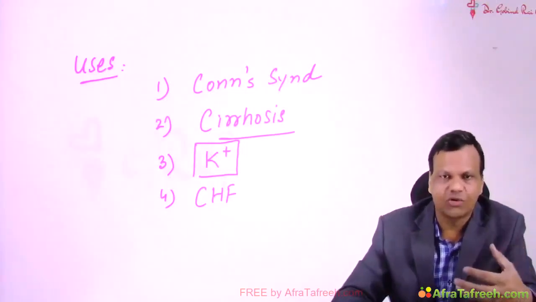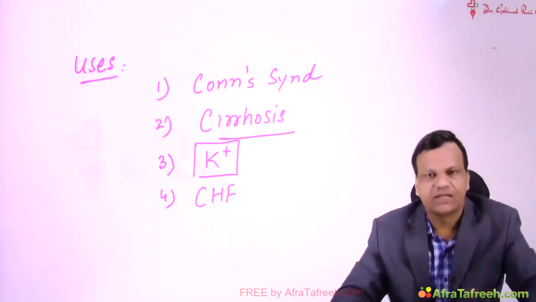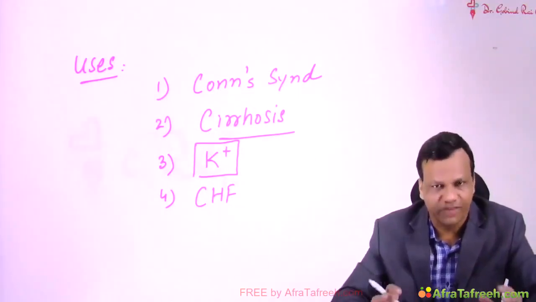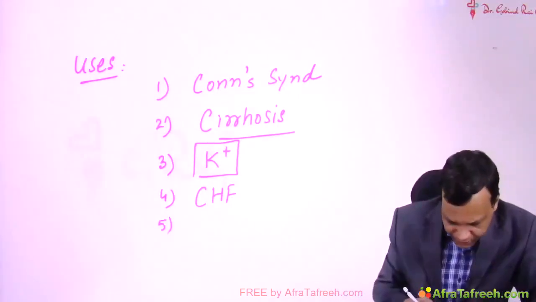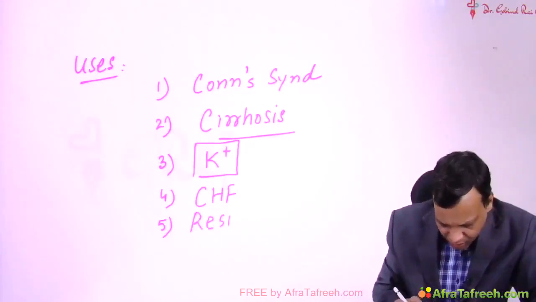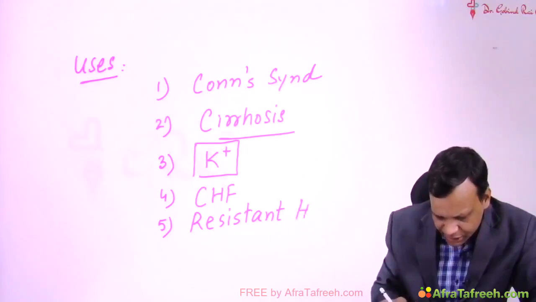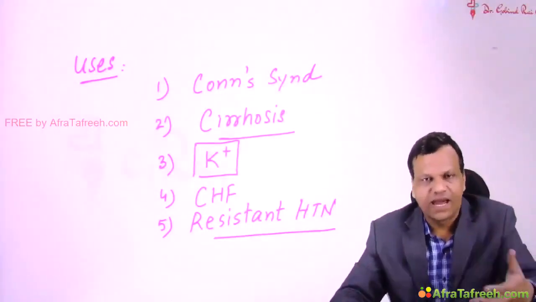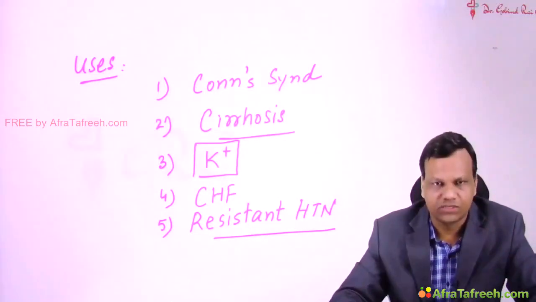So aldosterone antagonists like spironolactone can reverse the left ventricular hypertrophy seen in congestive heart failure. And lastly, spironolactone-like drugs can be used for resistant hypertension. For resistant hypertension which cannot be treated by other drugs, we can add aldosterone antagonists.